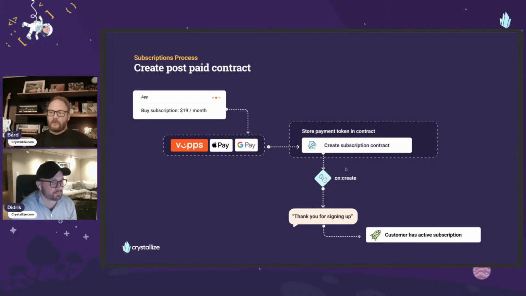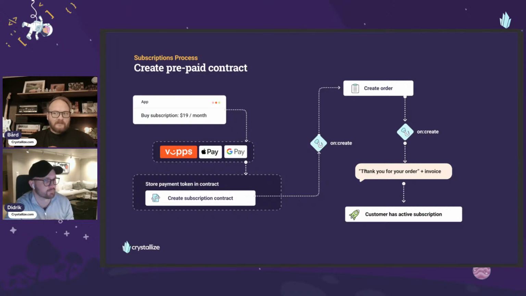So here we just have a webhook on Create where you basically say, thank you for signing up and that you actually have an active subscription. If it's a Netflix type of service, the webhook would then trigger an authentication and authorization process, so that it gives Didrik access to actually use the service. So that's the first one, simple, straightforward, happy path.